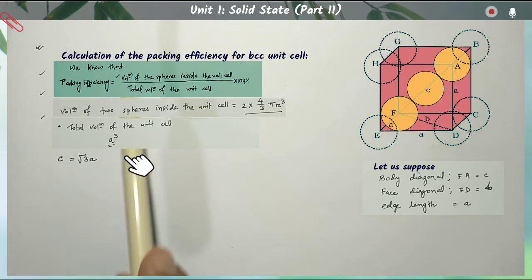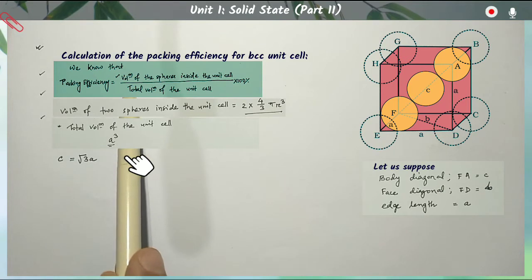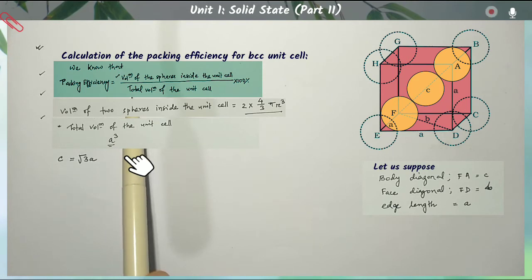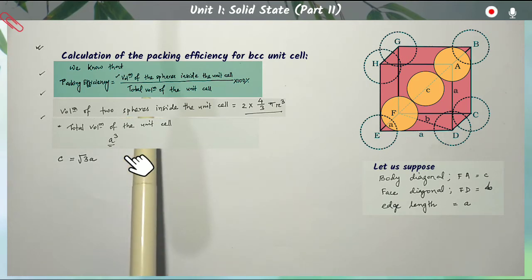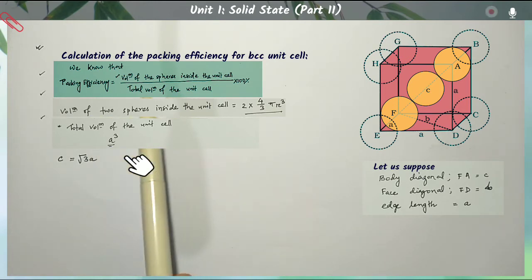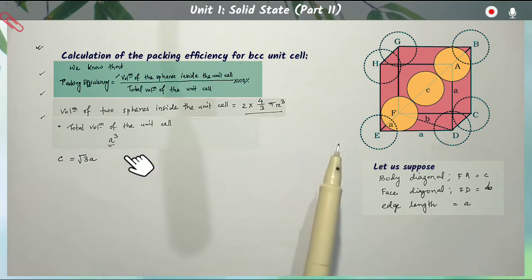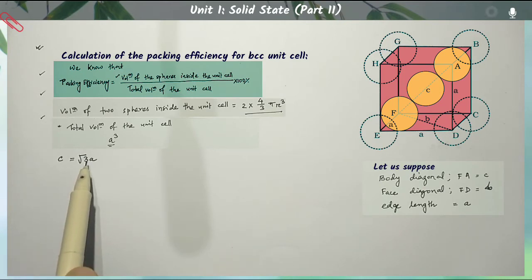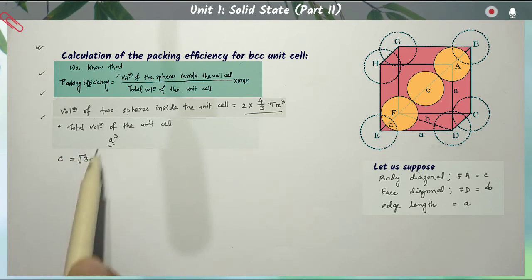To cancel out the numerator by the denominator, we have to express this denominator also in terms of small r, such that we can cancel out the term r to get only the numerical value. Here we have C is equal to root over 3A, but we need to express a cube in terms of r.